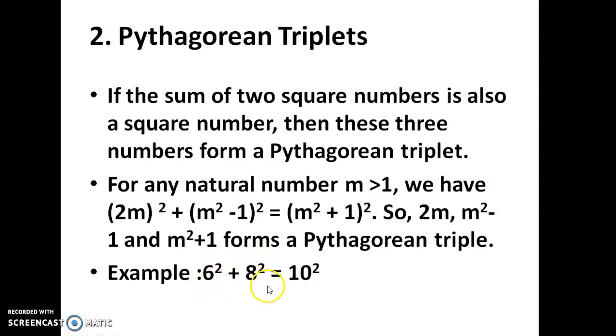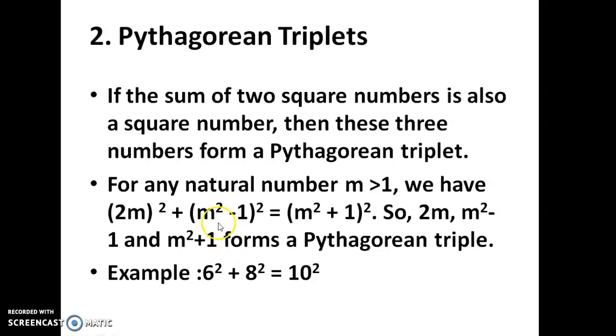If you add these two numbers, we will get one more new square number. So all three numbers are square numbers. These three are called a triplet. This pattern is called a Pythagorean triplet.